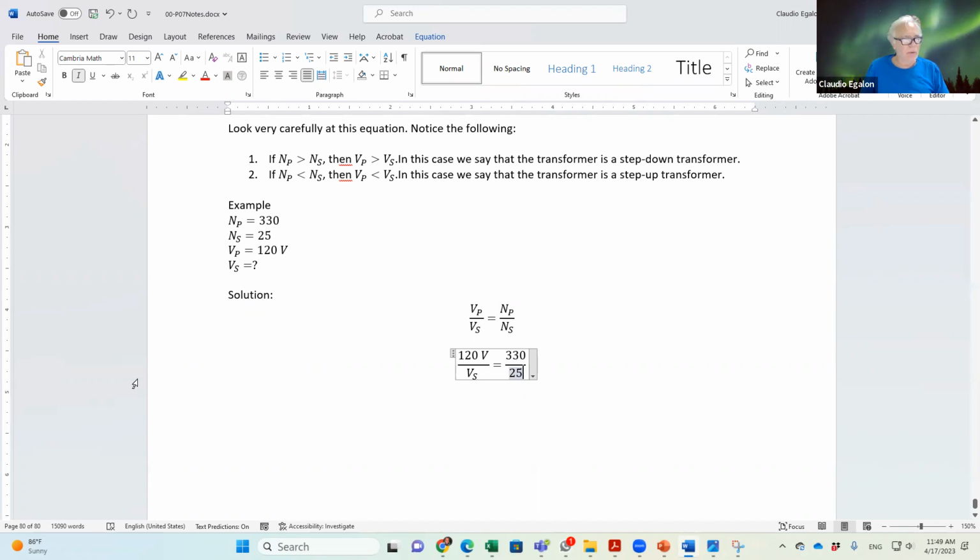So we solve this equation. VS is going to be 120 divided by 330 times 25.